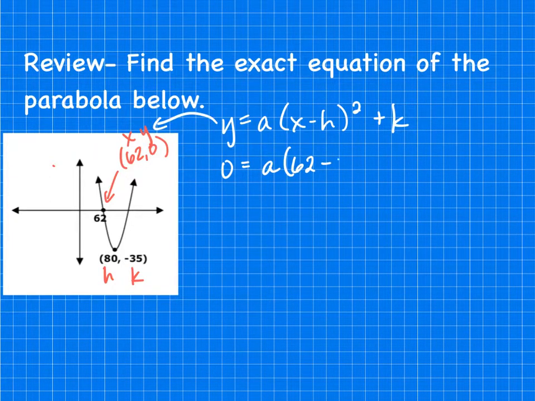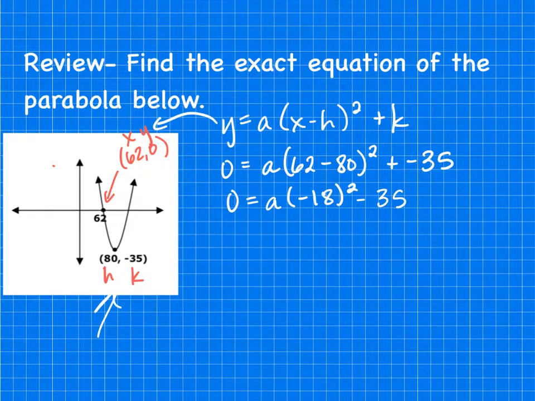Minus h was 80, and that's from down there, squared, plus negative 35, or minus 35. And then you simplify. So 0 equals a, 62 minus 80 is negative 18, and then minus 35.